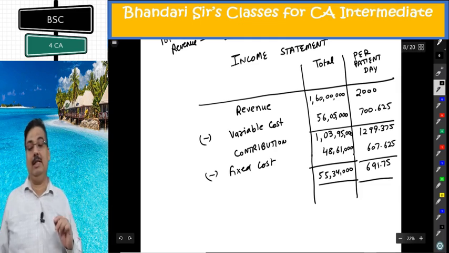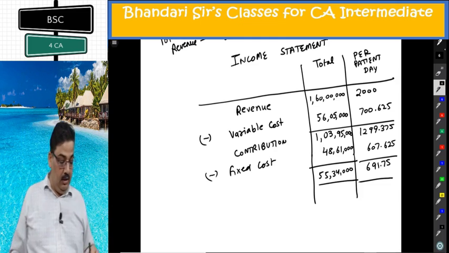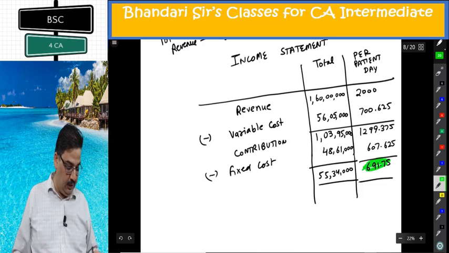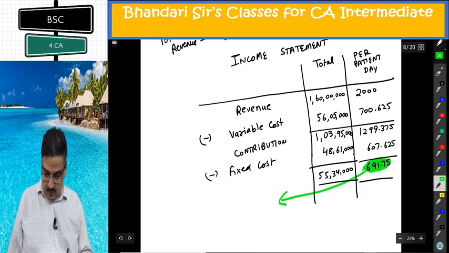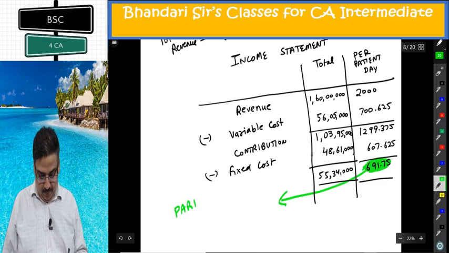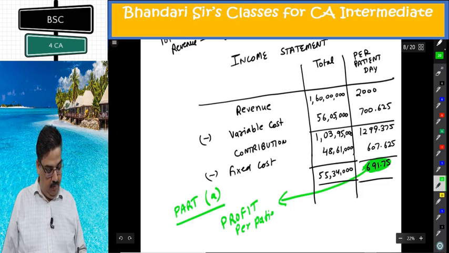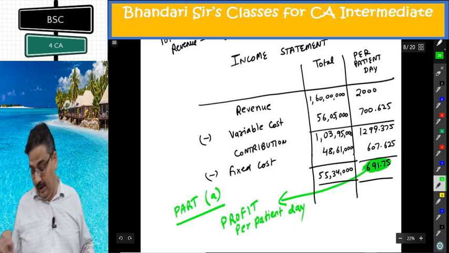I'm left with 691.75. This is the answer of part A, profit per patient day. That is part A of the illustration.